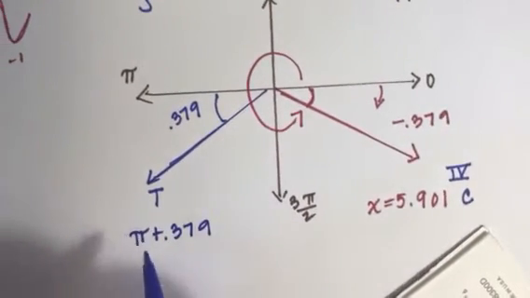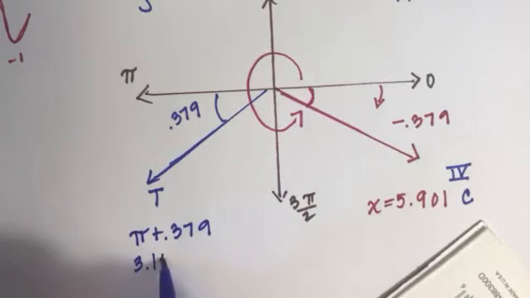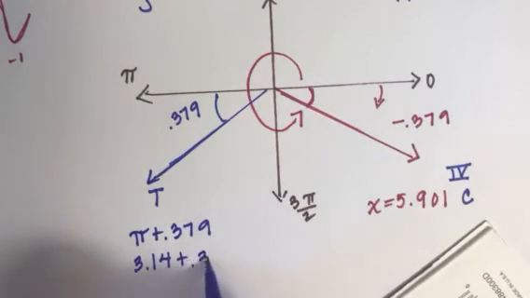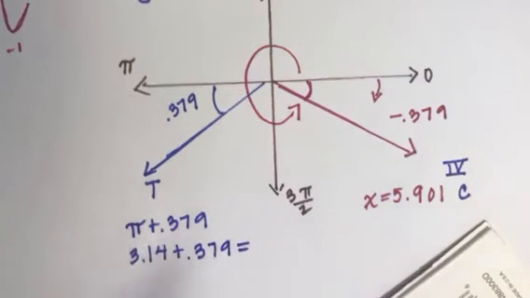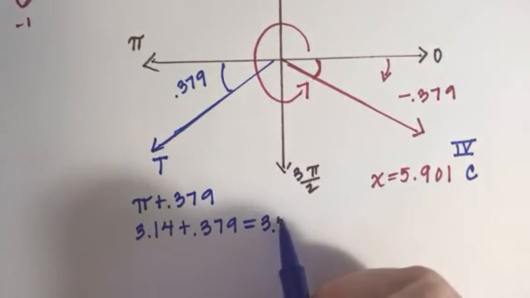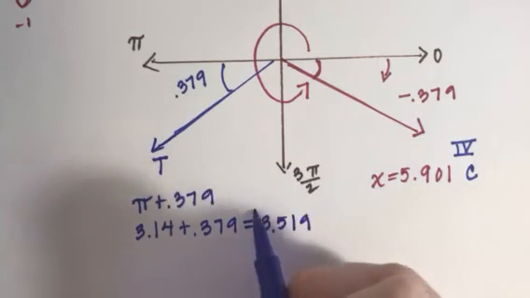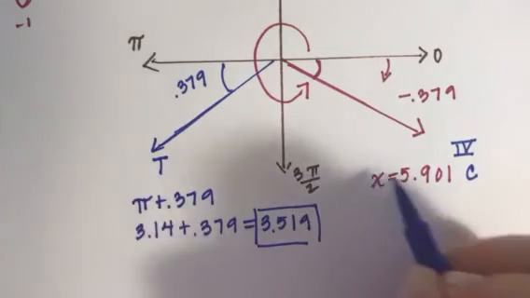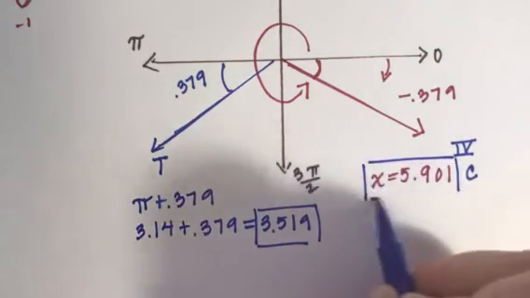Now if I want to approximate this, pi is 3.14. And so if I add 0.379, let's plug that into our calculators, 3.14 plus 0.379 will give me 3.519. So this is one of my x values, and this is my other x value.